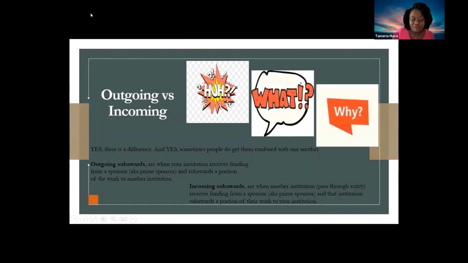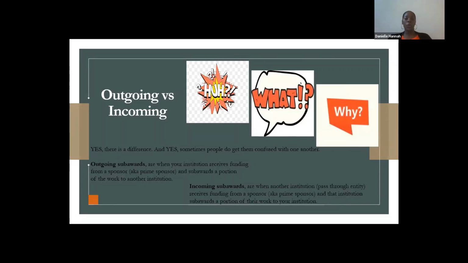So we have outgoing and incoming subawards. Yes, there is a difference, and yes, some people do get them confused with one another. So we're going to give the definitions of the two. Outgoing subawards are when the institution receives funding from the sponsor and subawards a portion of the work to another institution.